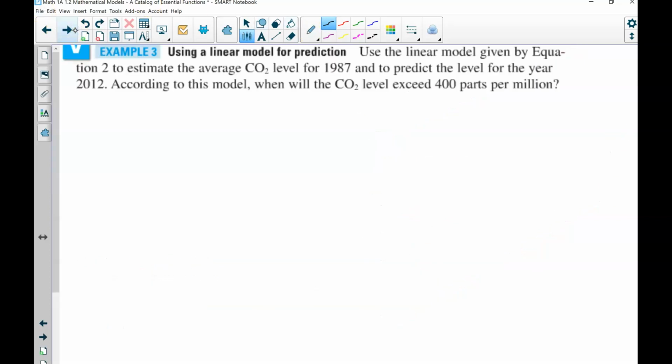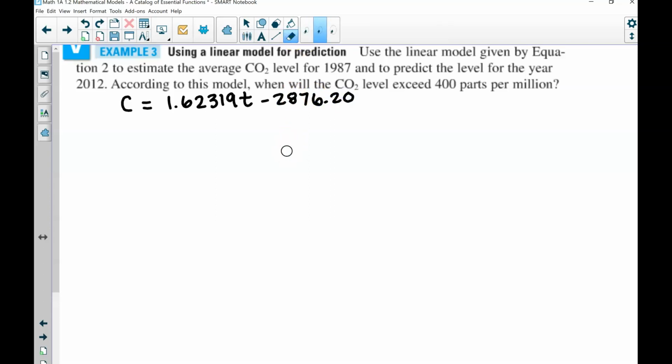Now, continuing on to example number 3, we want to be able to use a linear model for prediction. We're going to use the linear model that we found, which was the last model in the previous example, and that was C, which is equal to 1.62319t minus 2876.20.